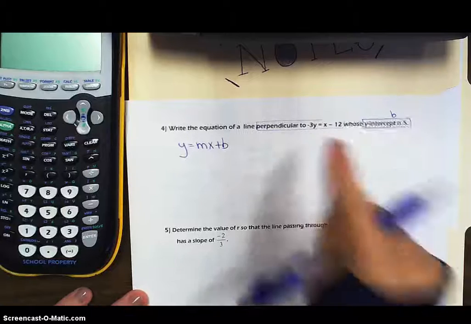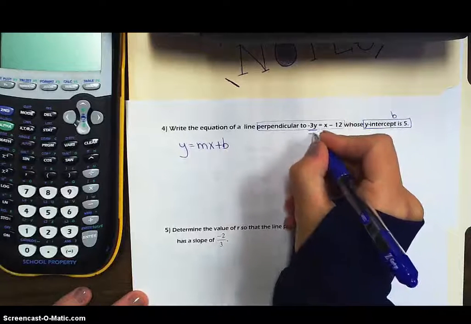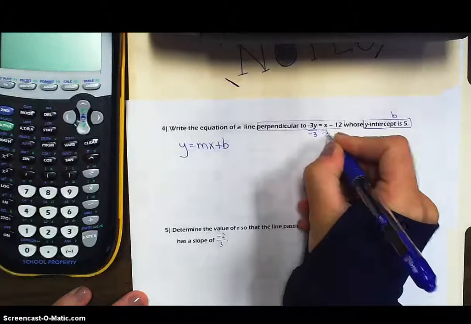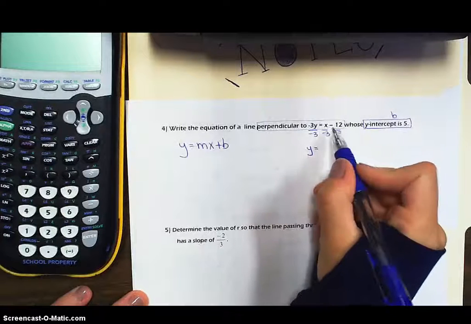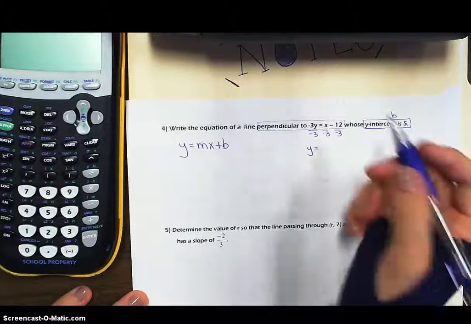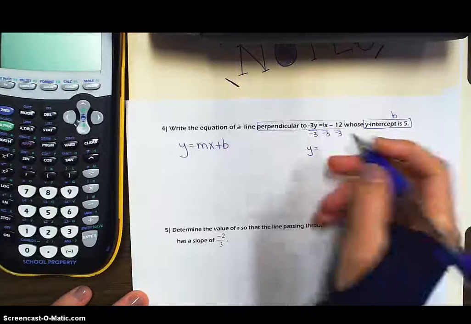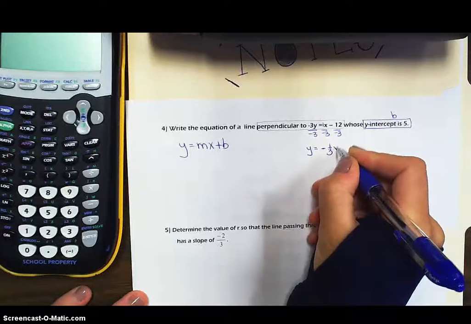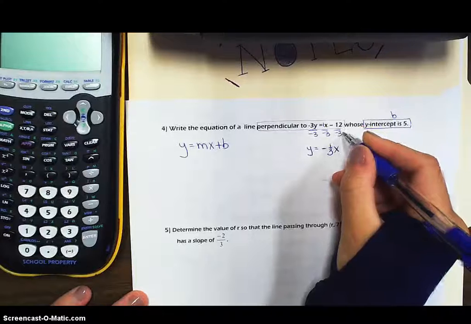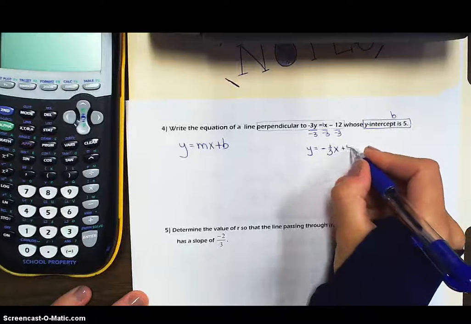I need to get the y alone, so I'm going to divide everything by negative 3. So we get y is equal to, now if there's no number in front of an x, that means there's a 1 there. So my slope is going to be negative 1/3 x, and negative 12 divided by negative 3 is a positive 4.